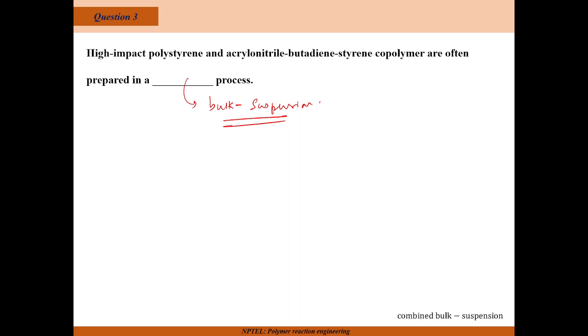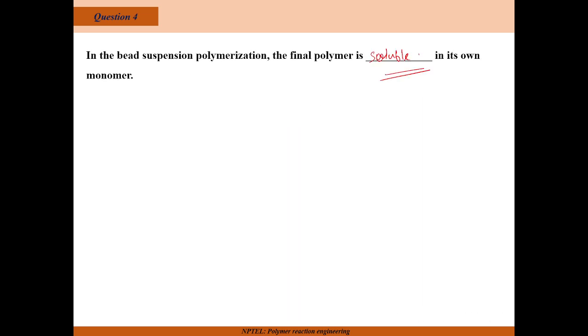The fourth question was: in bead suspension polymerization, the final polymer is soluble in its own monomer. It is one of the basic characteristics of bead suspension polymerization that the final polymer obtained is soluble in its own monomer.